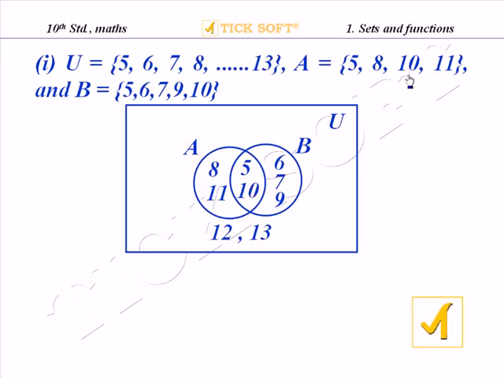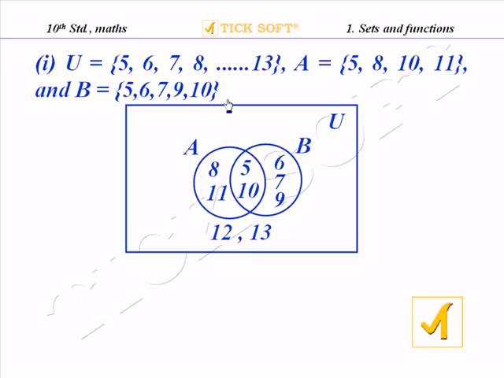Then what are all the remaining elements of A? 8 and 11. 8 and 11 are the other elements. So that should be taken here, 8 and 11. Then for B, except 5 and 10, we are having 6, 7, 9. So here in B we are taking 6, 7, 9.